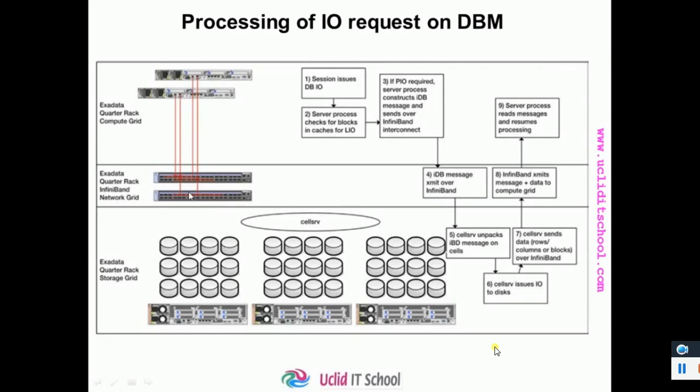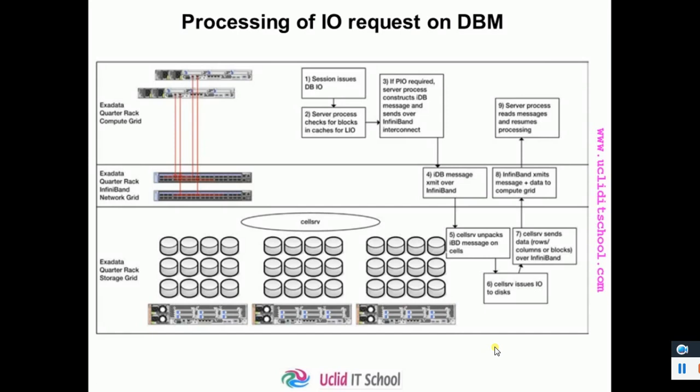The second part has two switches. This is the InfiniBand networking part, so this is the networking layer. The last layer is your storage grid, storage servers. So in this diagram, I have two database servers and three storage servers, connected with an InfiniBand network, which has two InfiniBand switches.